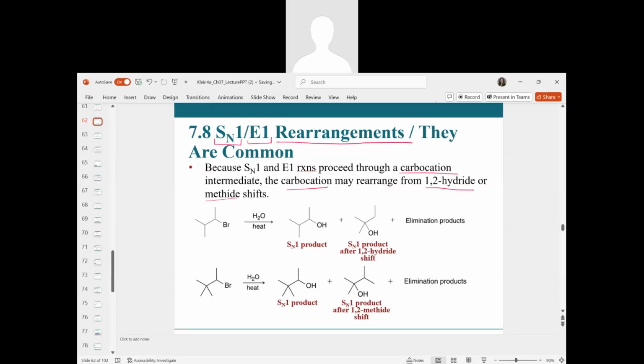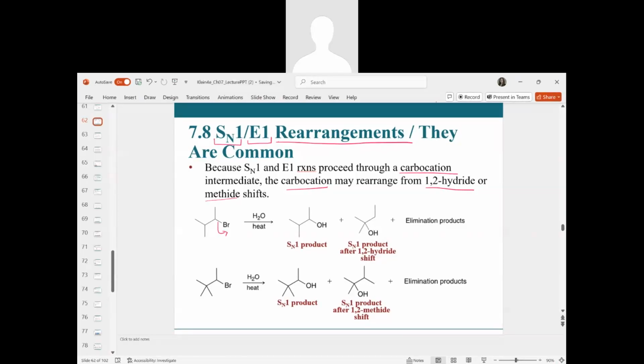This means that a methyl group or a hydrogen may move its position to generate a more stable carbocation. So the general rule is that when a carbocation rearrangement is possible, it will occur. Always be on the lookout for more stable carbocation arrangements than when an initial leaving group occurs.